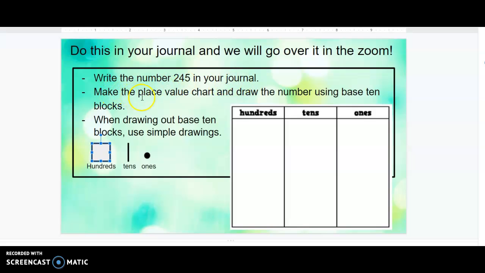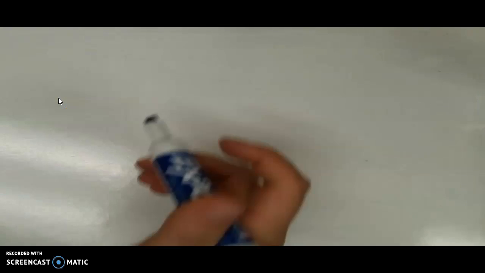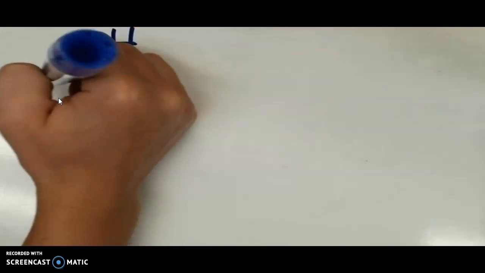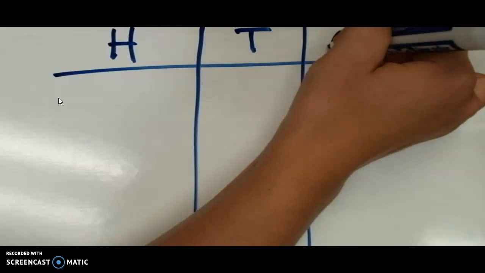But I want you to make the place value chart like this one and draw using a square for the hundreds, a line for the tens, and a dot for the ones. So let me model that for you. So in your notebook, I want you to make hundreds, tens, and ones.